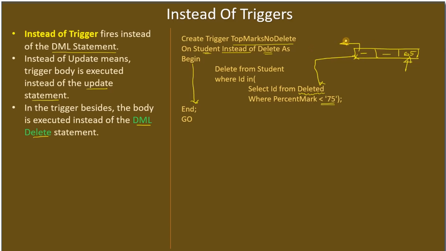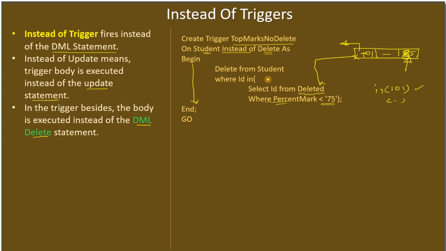So ID will be selected, and inside the where condition, delete from student where ID in, if for example ID is 101, in the in statement you will have 101, so that row will get deleted. For example, if this is 85, and you run this query, select ID from deleted virtual table where percentage mark is less than 75, it's not less than 75, so the where condition will fail here, and in the in clause we don't have any ID, so delete will be skipped.